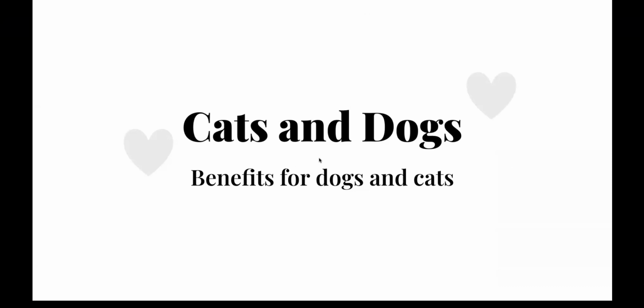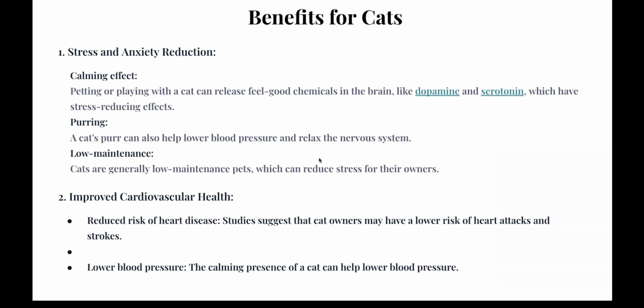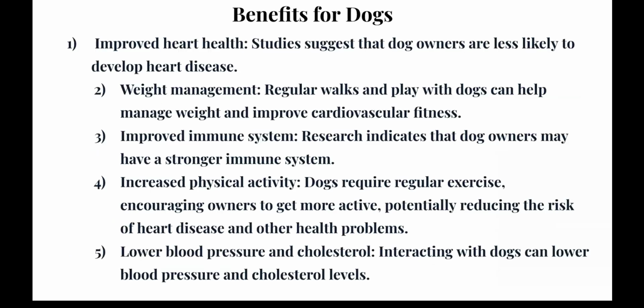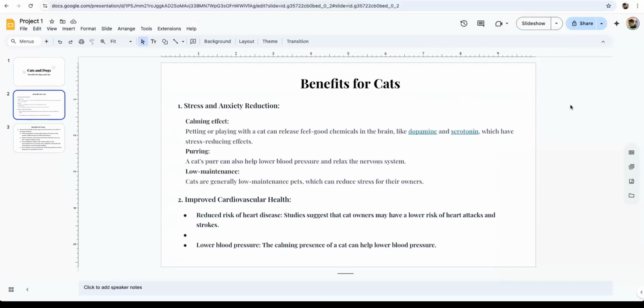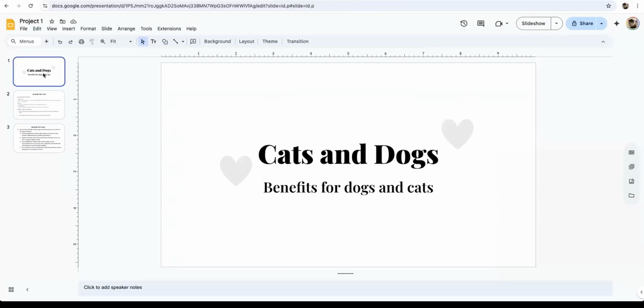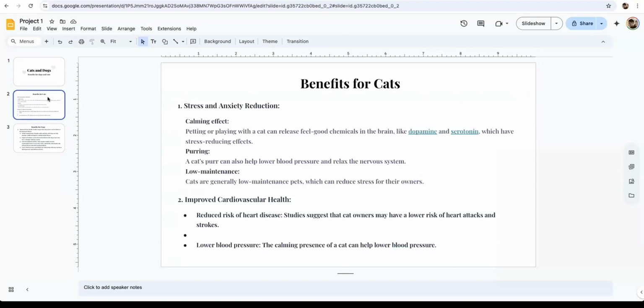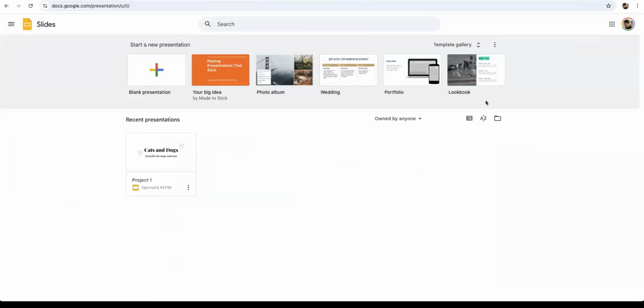You could also click on the arrow button and then you could see benefits for cats. And then I'm gonna go back. Okay. Then here you get to see all this. And then yeah, that's basically it for Google Slides.